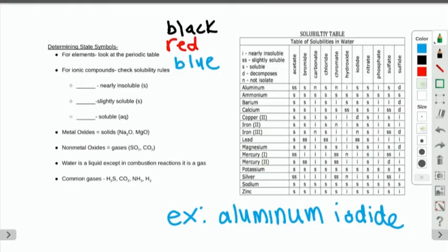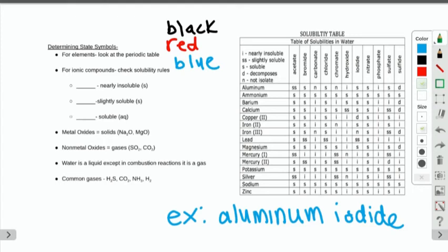Our last bit of the introduction will be determining state symbols. So you will be given either an element, a compound, or a molecule, and you will have to figure out if it is a solid, liquid, gas, or if it's aqueous.